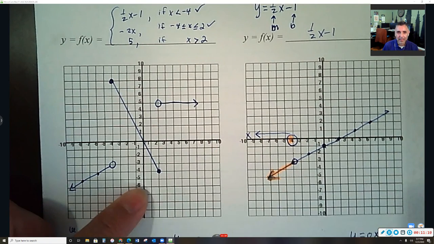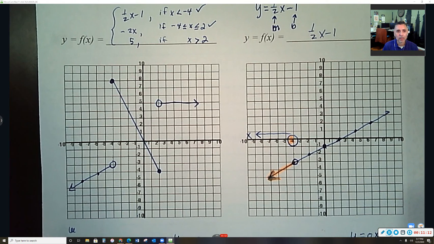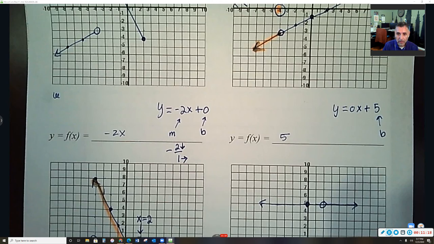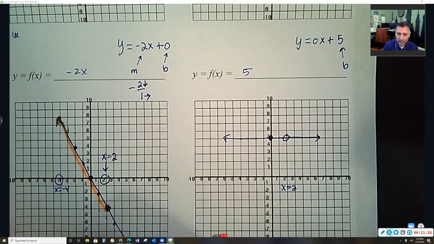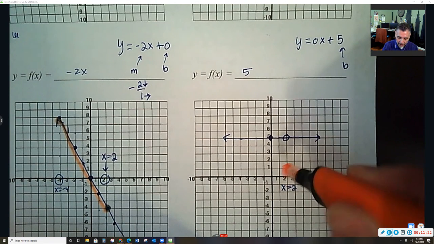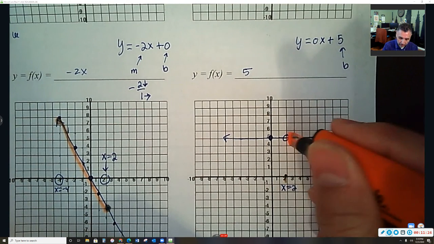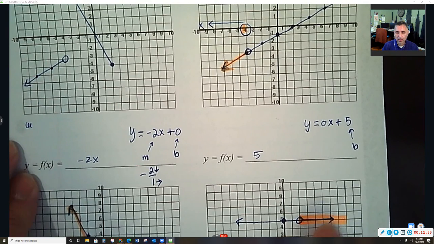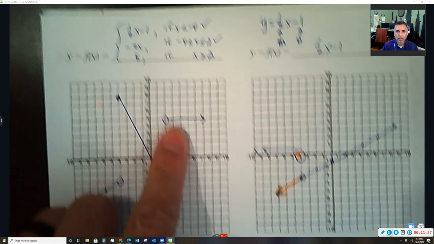Okay, and then the last one was y equals 5 when x is greater than 2. So here's y equals 5, and here's x equals 2. So you just want that part. Okay, and then again I'll show you how you know which one's open and closed real quick. So this bottom one correlates to this piece.